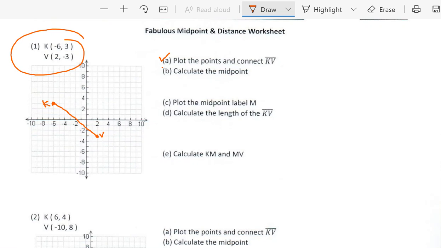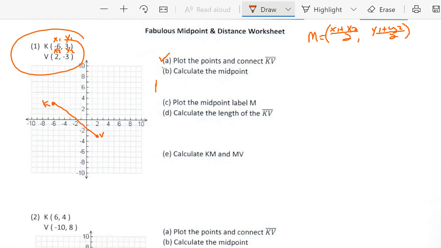So again, our midpoint formula is M equals x1 plus x2 over 2, y1 plus y2 over 2. So let's do that for this one. Again, if you need to label it, x1, y1, x2, y2. That's what I'm going to plug in.